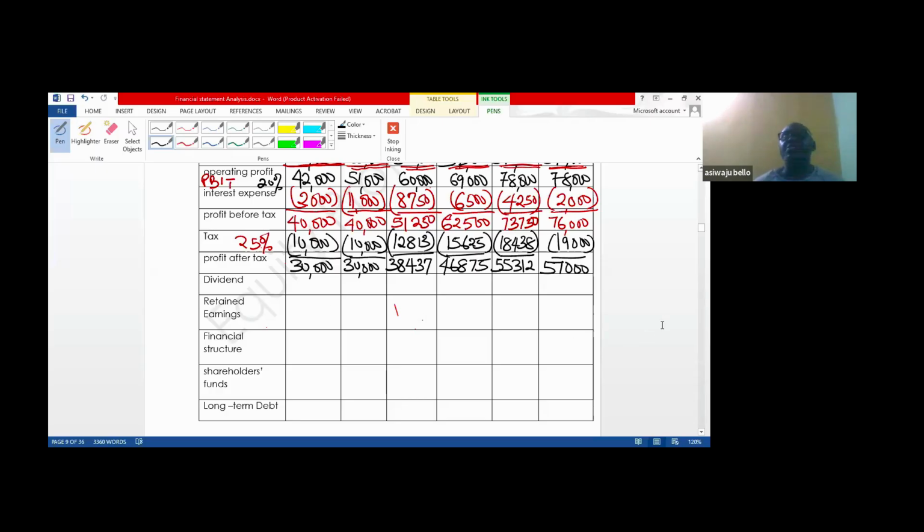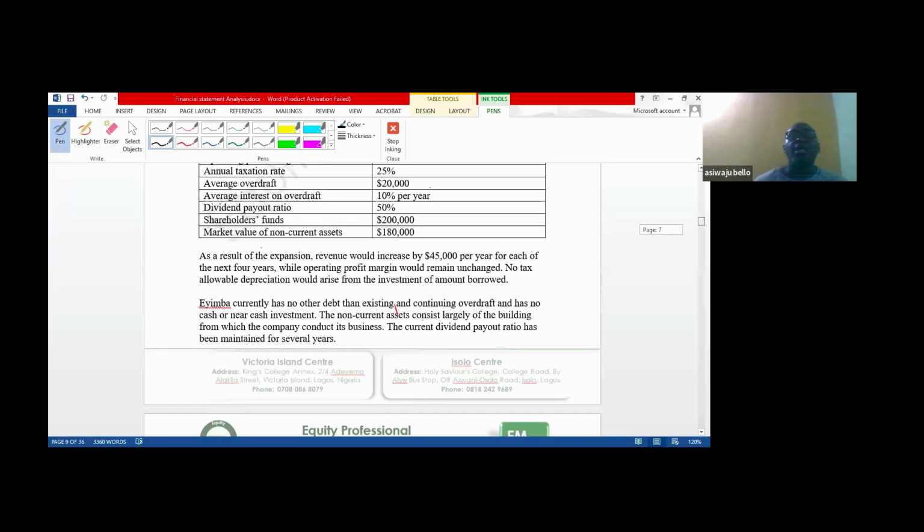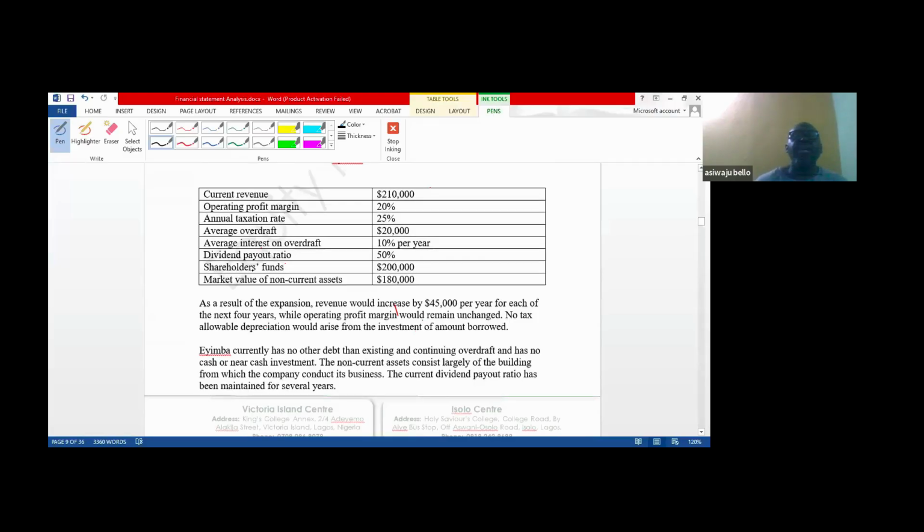What is the dividend? Let us check it out. The examiner says the dividend payout ratio is 15%.